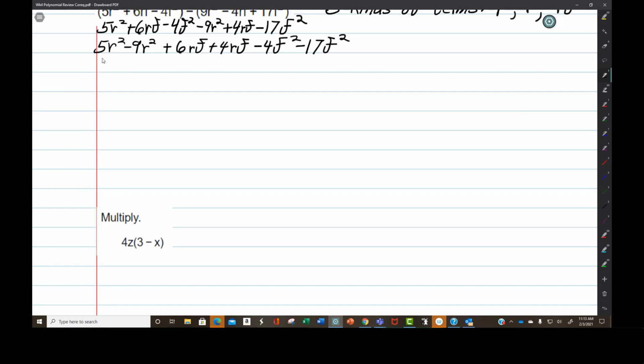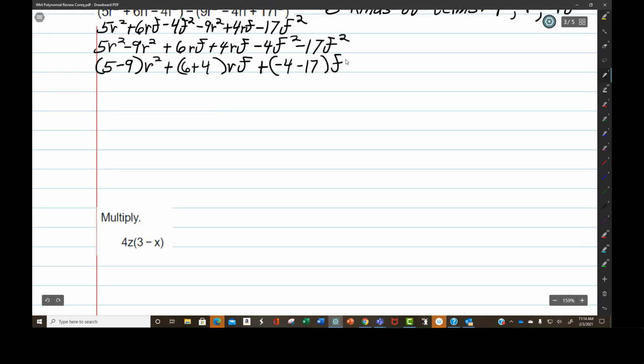Now, five minus 9, r squared, plus 6 plus 4, rf. I'm going to put a plus here. Minus 4 minus 17, f squared.